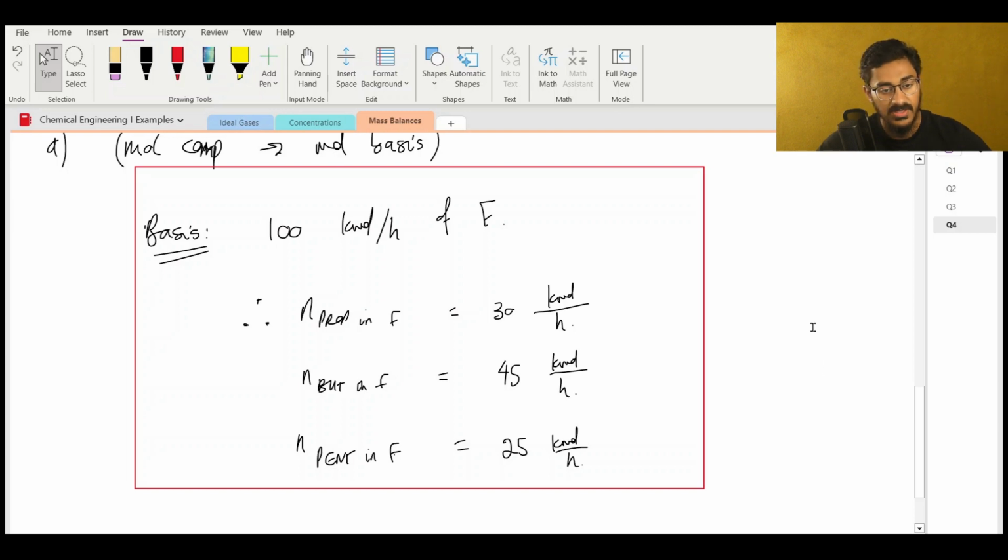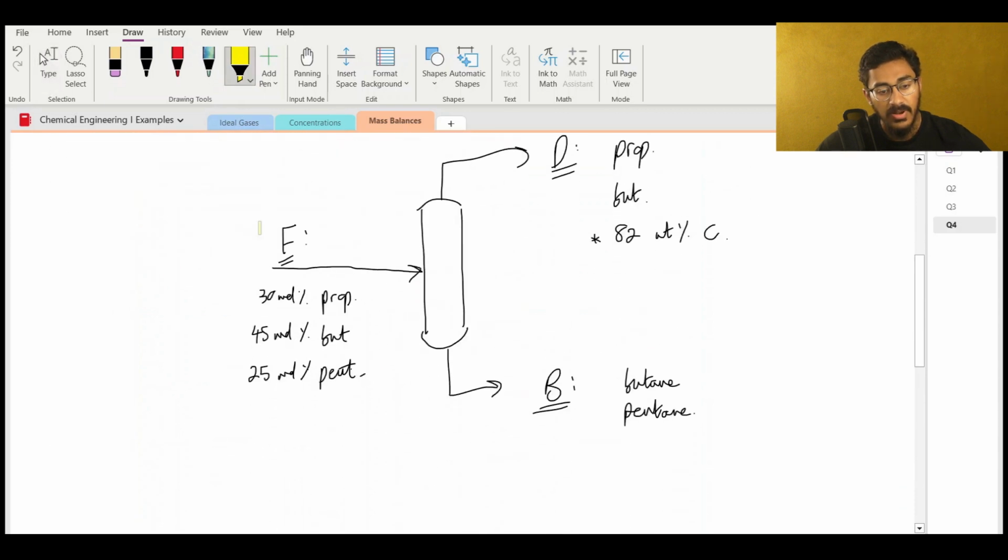All right, let's continue. So I know what my basis is composed of, but here's an interesting thing to note. I know the number of moles of propane in F, but I know that all the propane in F must come out at the top here. So if I've got 30 moles of propane in the feed, I also need to have 30 moles of propane in the distillate.